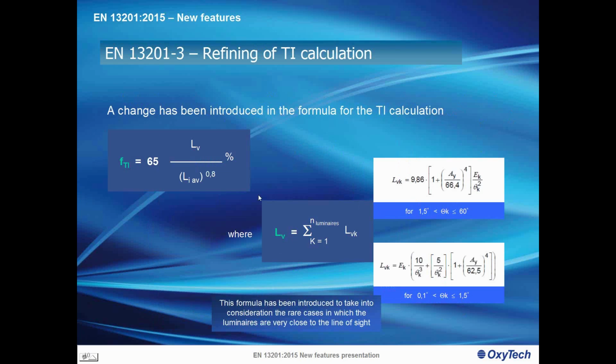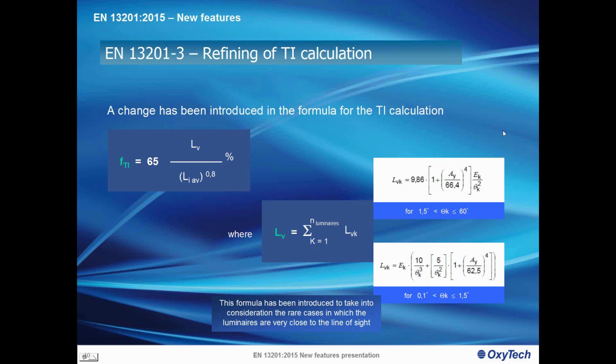As you know, the TI is calculated through this formula, which is 65 times the veiling luminance LV divided by the Li, which is the average luminance, initial luminance, elevated at 0.8, where the LV we can find through this formula, is calculated as the summation, as the sum of k from 1 to n luminaires, which means the total number of luminaires corresponding to the view of the observer, and in function of how big is the angle of view of sight of the observer, we have two different formulas.